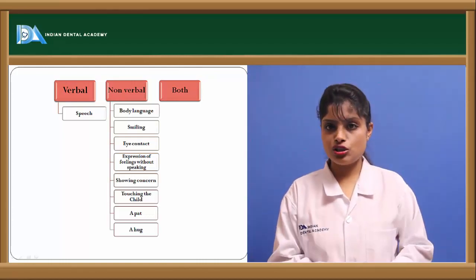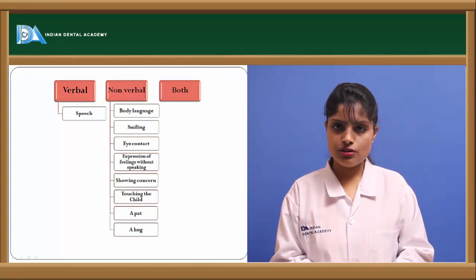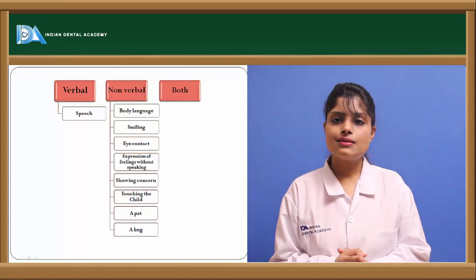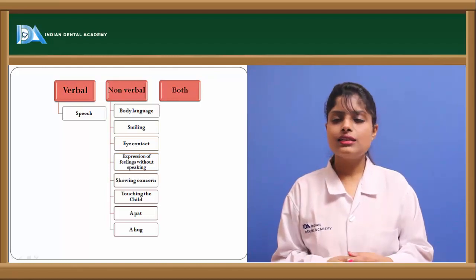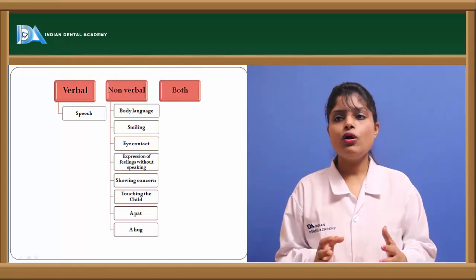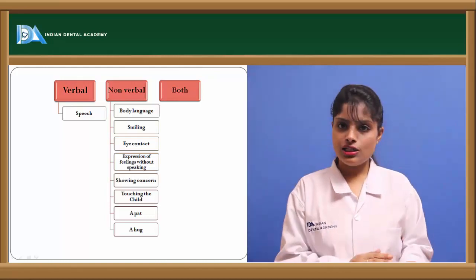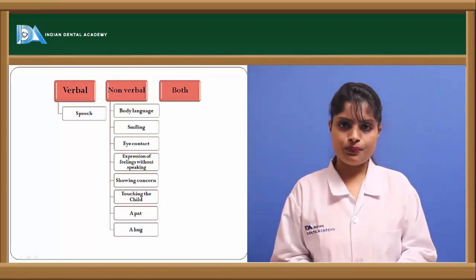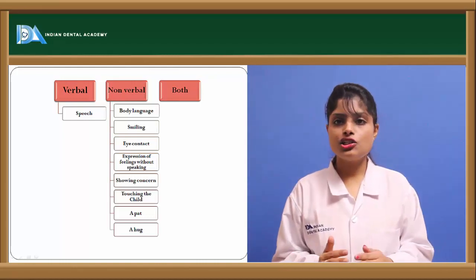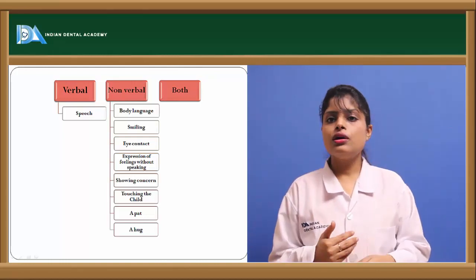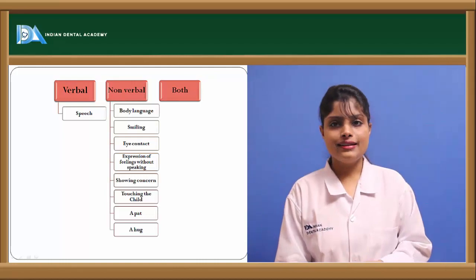The verbal constitutes speech or expression; non-verbal constitutes body language, smiling, eye contact, expressions or feelings without speaking, showing concern to the child, touching the child, patting the child, and even hugging the child. There may be a mixture of both verbal and non-verbal to shape the behavior of the child in the clinic.